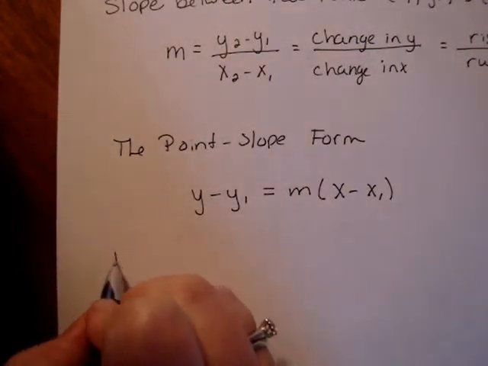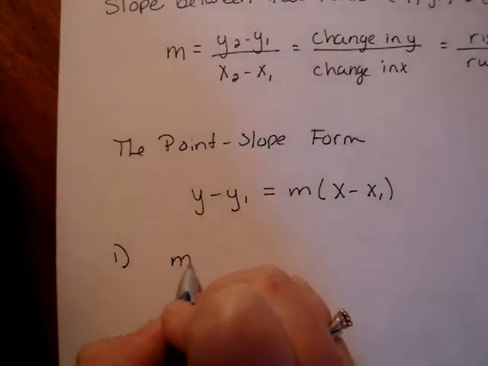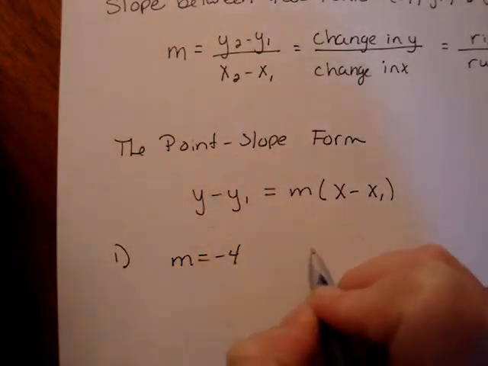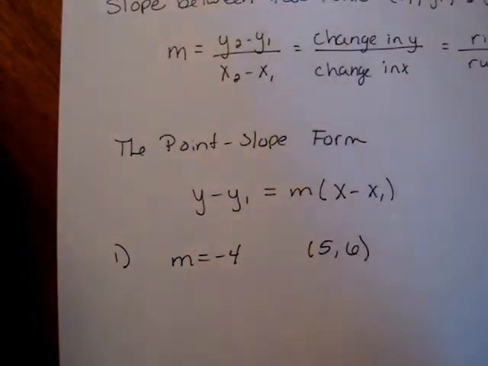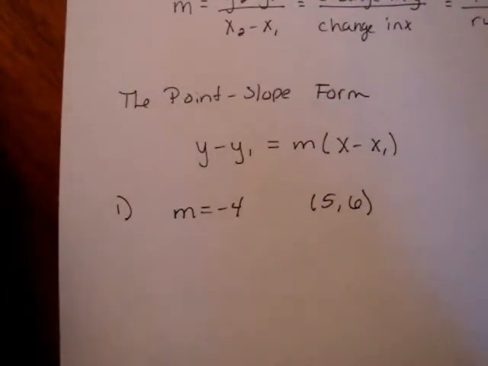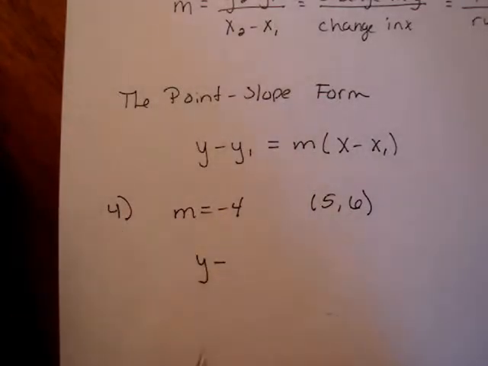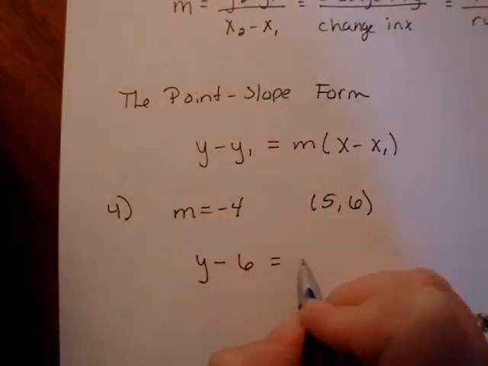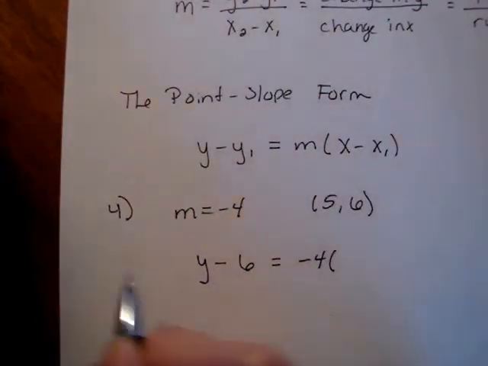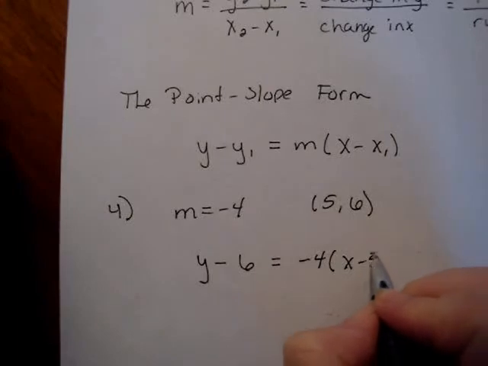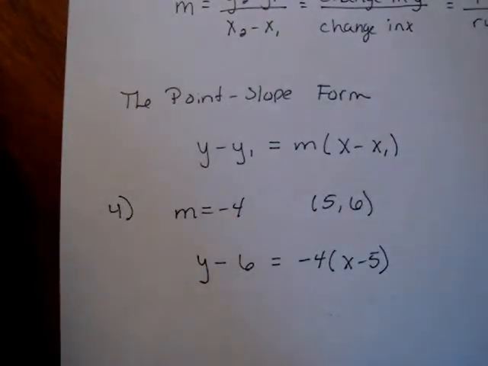So on number 4, they tell me that the slope is -4 and the point that the line passes through is 5, 6. So I just plug these numbers into the right place. Y, oops, that's a 4, huh? Minus, what was my point 6? Is equal to m, the slope is -4, times x minus 5. Done. Stop. That is the answer we want right there.